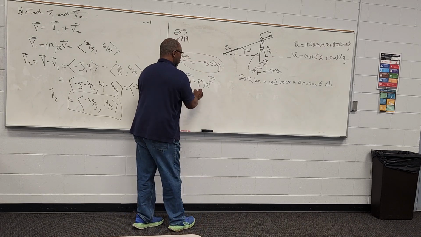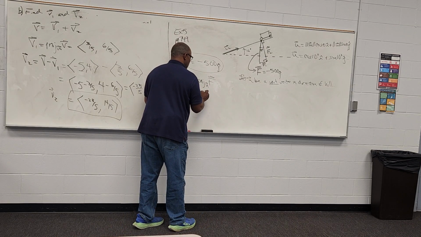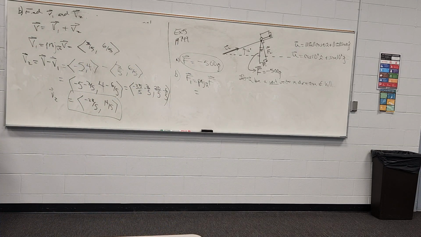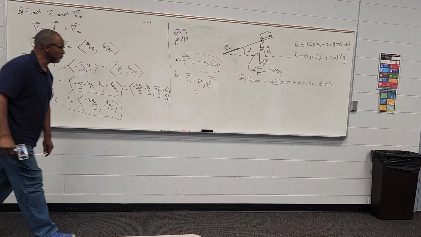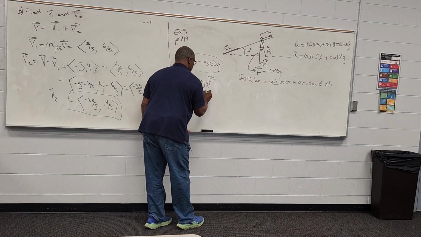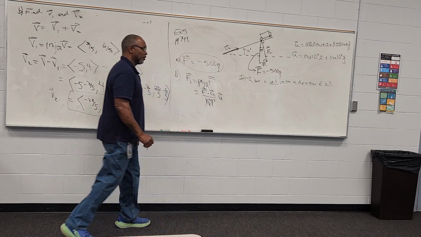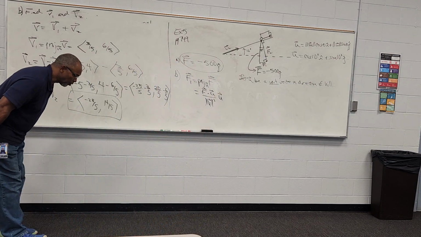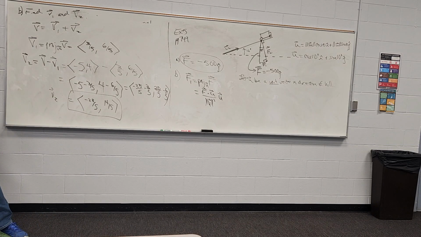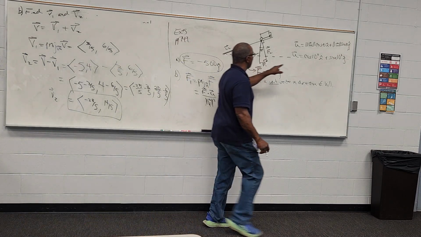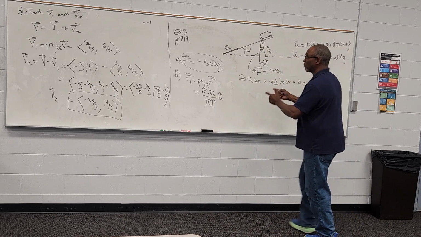So again, F1 is the projection of vector F onto vector U. So just go to your formula for the projection of vector F onto vector U. That's going to be F dot U over norm of U squared, times vector U. That's the formula for the projection. So there's F, there's U. For F dot U, I just multiply component by component.